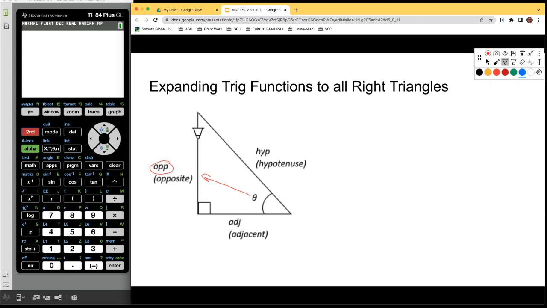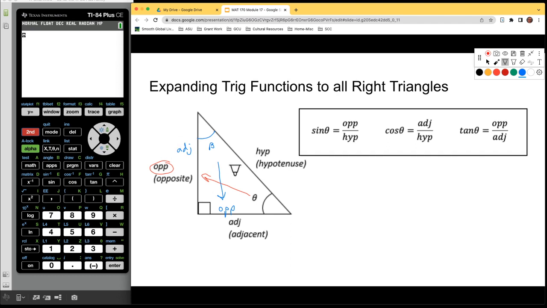If we wanted to talk about this angle, we'll call it something else, maybe beta, then this side, the side opposite, is now over here. And the adjacent side to the beta angle is over here. Okay, so that's one of the things to keep track of. These sides are not set in stone. So this side over here is not always the opposite side. It depends. It's always in reference to the angle we're talking about.